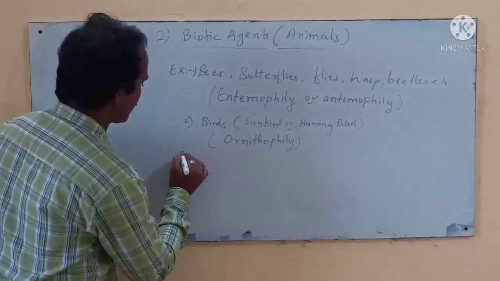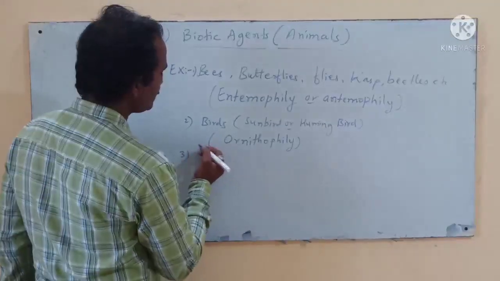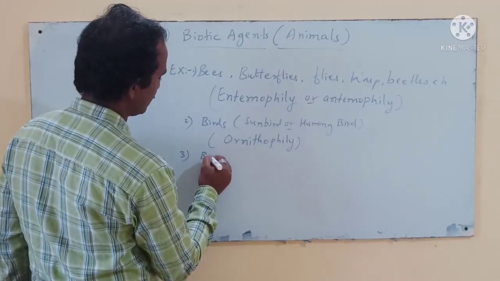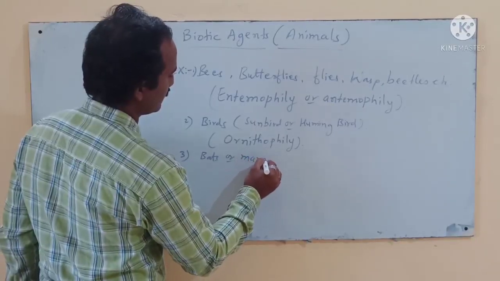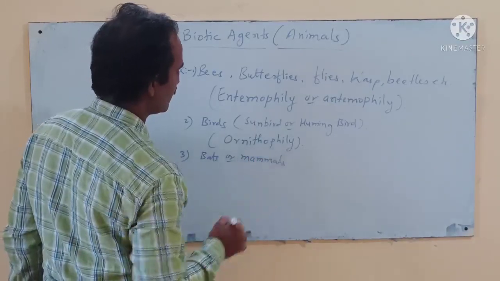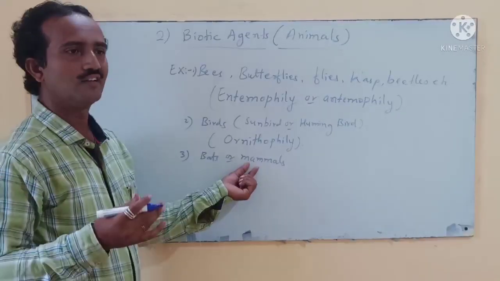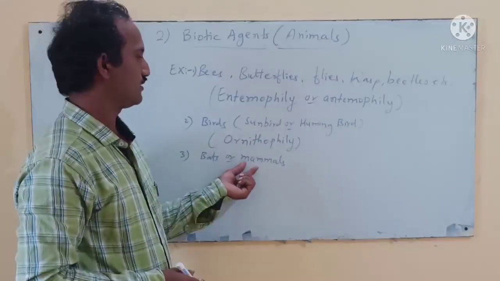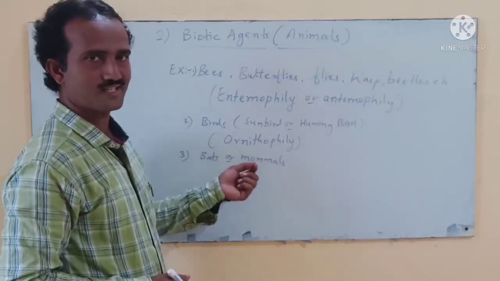Next, another example, that is pollination with the help of bats or mammals. So pollination by bats or pollination by primates. Through this, pollination takes place.